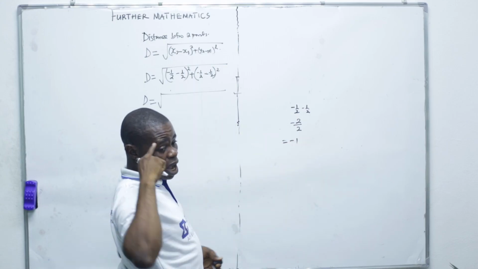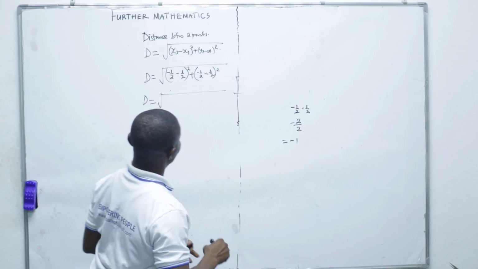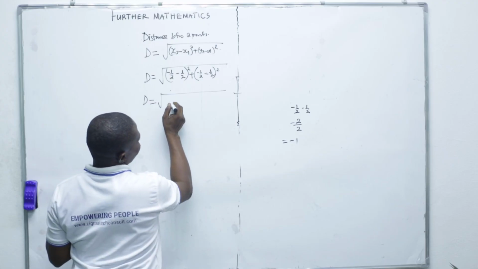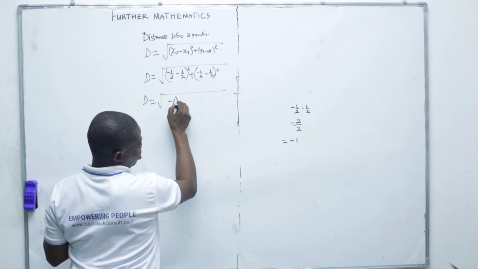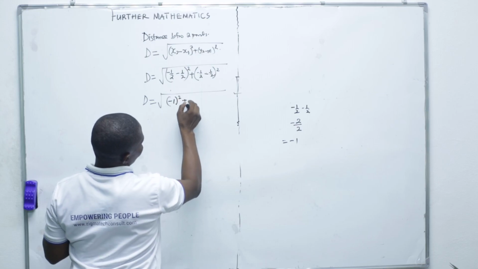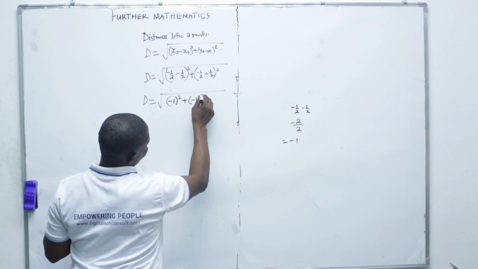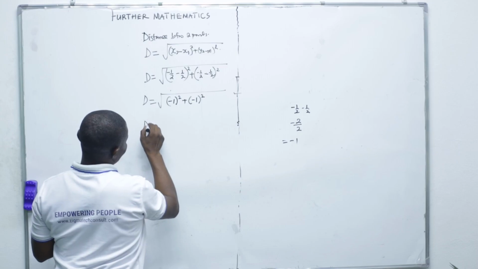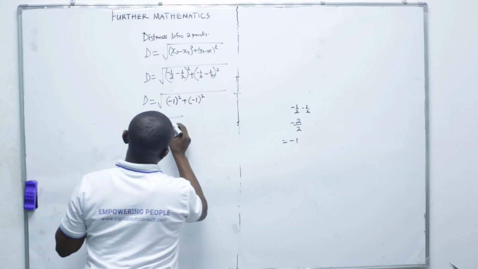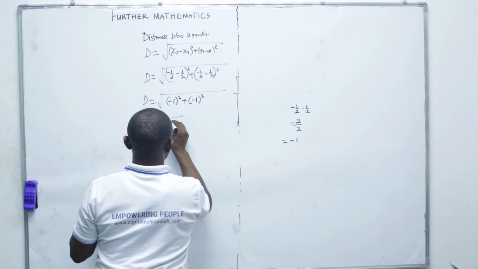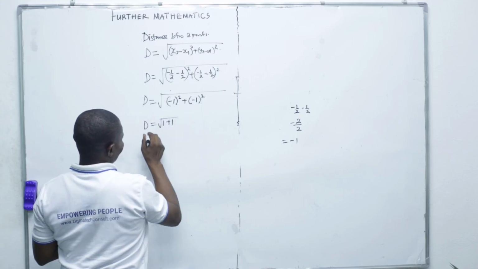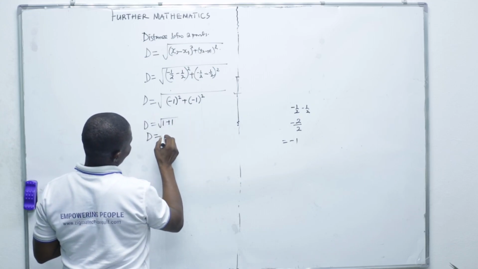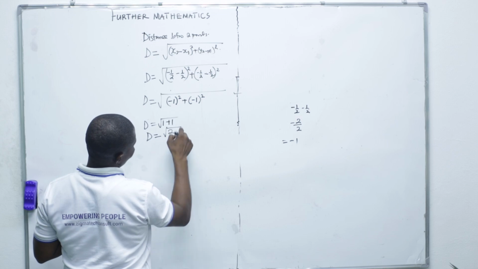The same thing will work out here. So we are going to have, this is -1, okay? All squared plus -1 all squared. So I will have that 1 squared is 1 plus 1. Distance equals 1 plus 1, that's √2.